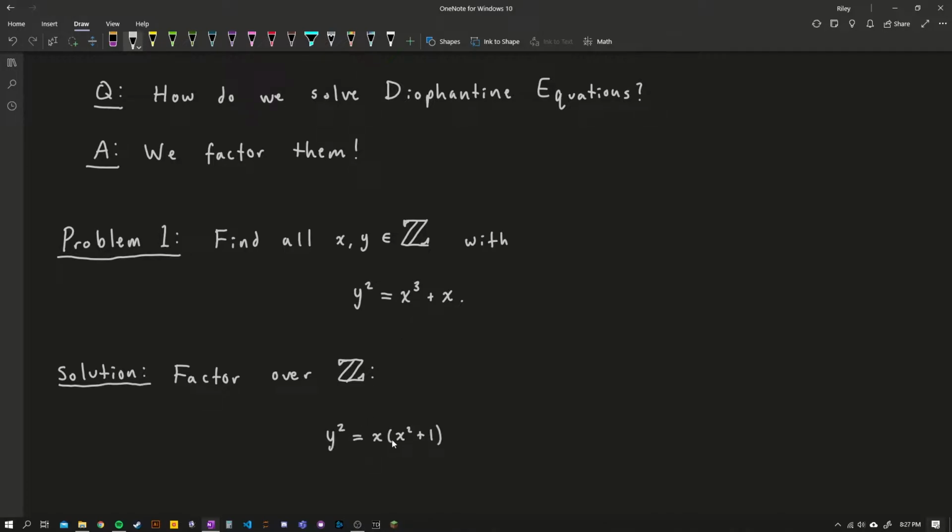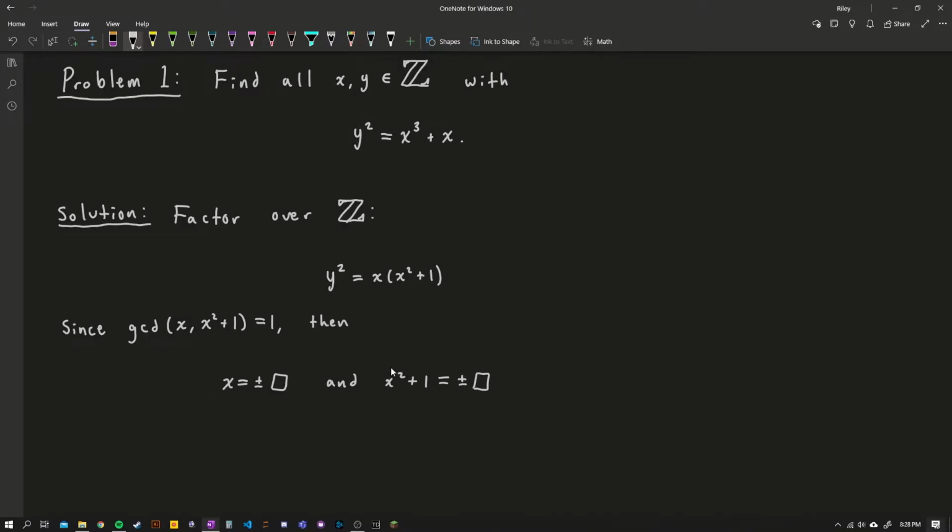From here, we can notice that the greatest common divisor of x and x squared plus 1 is equal to 1. So that means that x is equal to plus or minus a perfect square, and x squared plus 1 is equal to plus or minus a perfect square. Since x squared is always positive, we can just take the plus sign in this case.